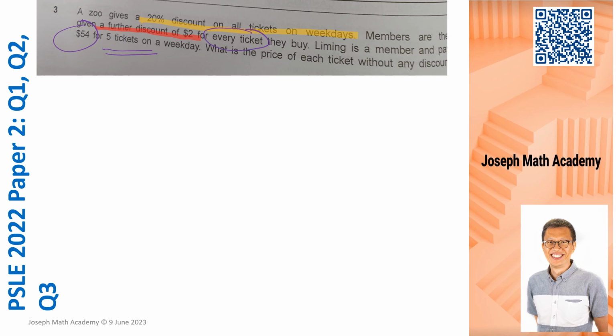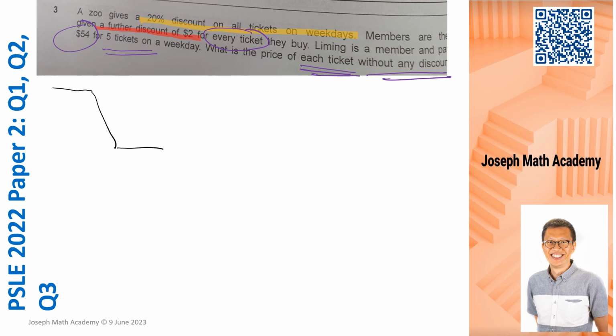All right, let's find out what is the price of each ticket without any discount. Like what I've said just now, I used the line graph representation. So discount means the line graph is coming down.